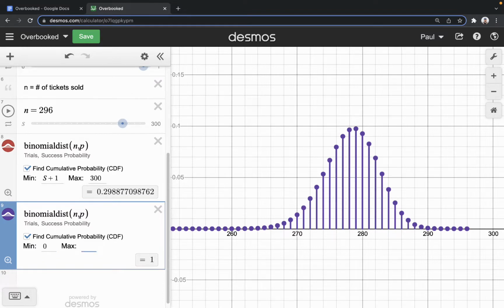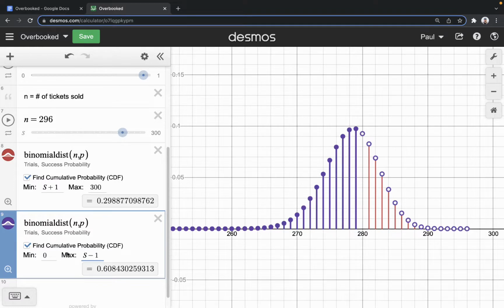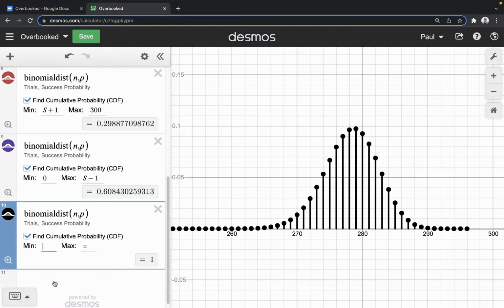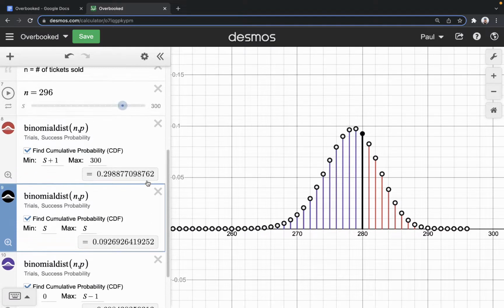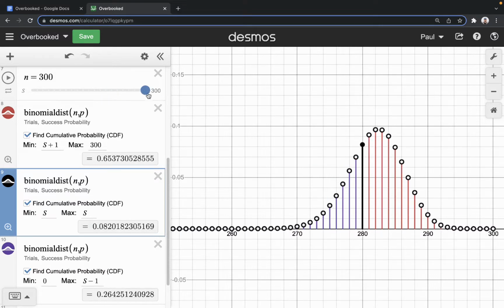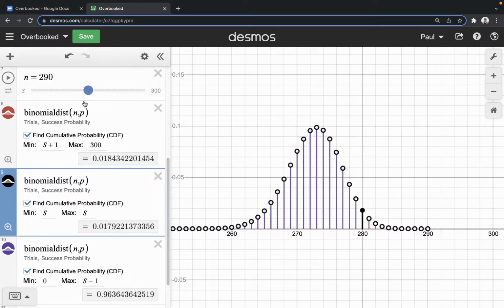So from 0 to S minus 1 is the empty seat probability. That's in purple. And why don't I do it one more time in black just for that full plane outcome. So now we can see the three outcomes side by side there. We want to keep both purple and red as small as possible.